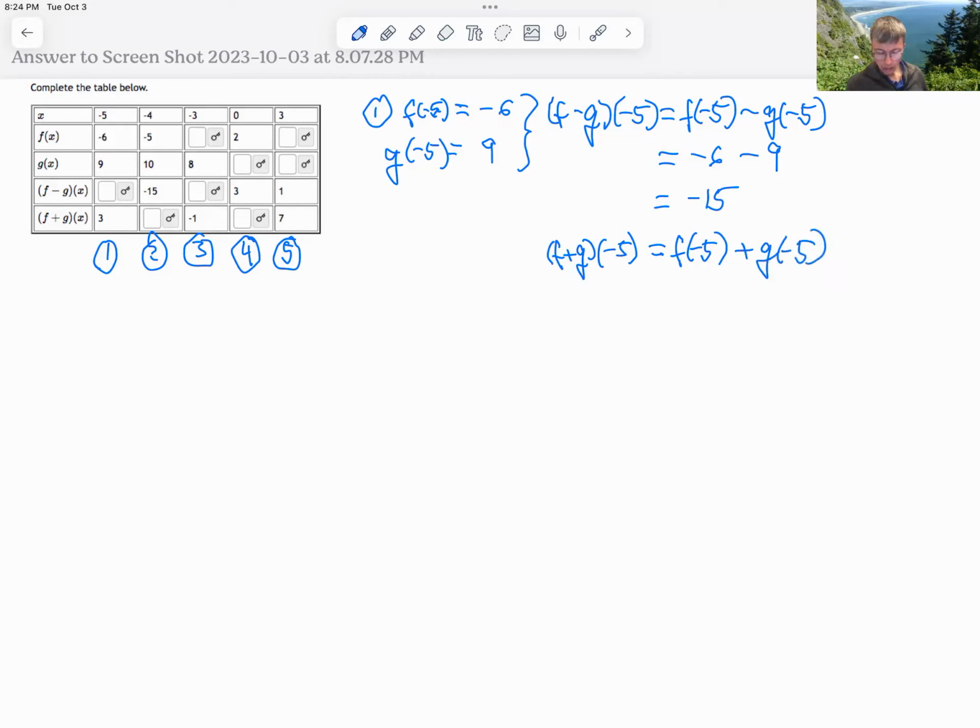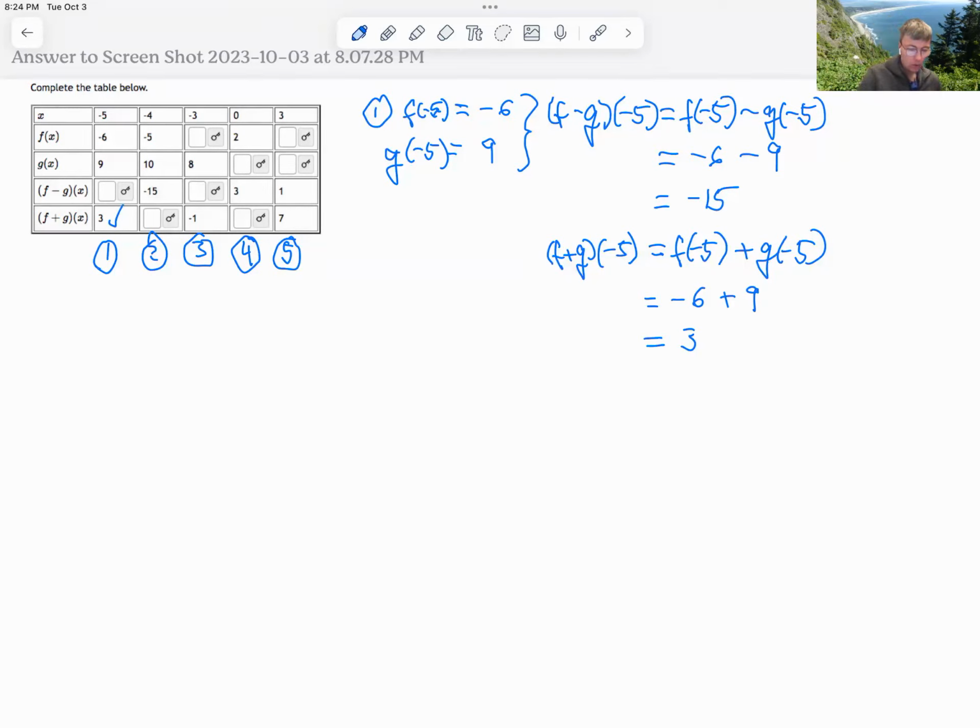Here again I plug in -6 plus 9, and there I get 3, and that is indeed the answer here. So I checked my work and my approach, and it worked out well.